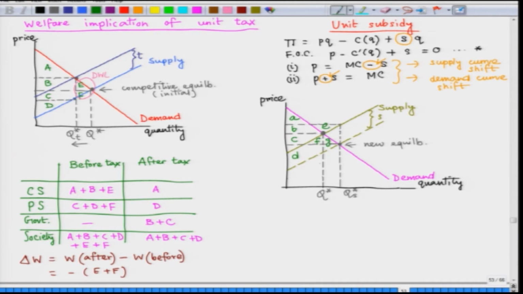So, I have used the small case letters to distinguish them from the tax case. I hope that will be helpful.